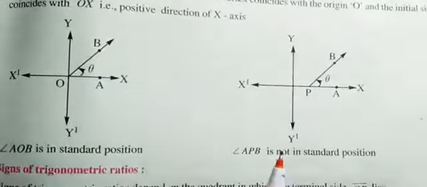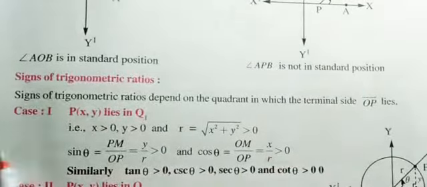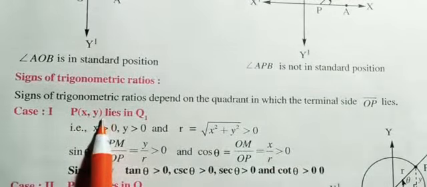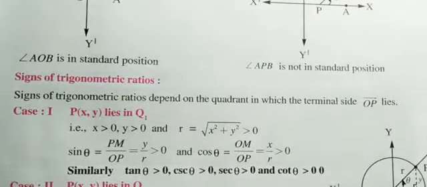Now, the trigonometric ratios, we have already learned about them. That is sin theta, cos theta, tan theta, and cosec, sec, cot theta, obviously for an angle.